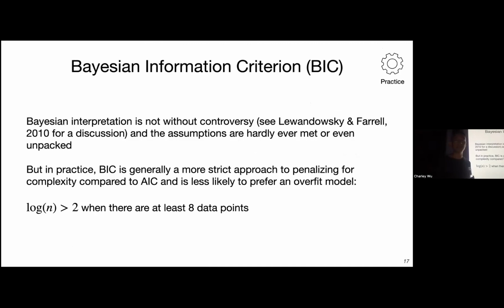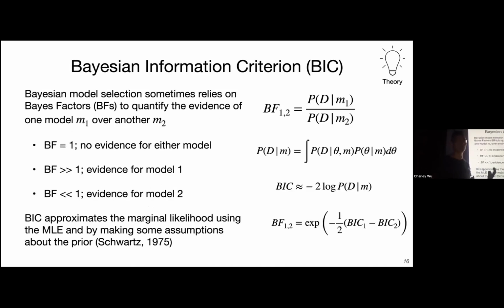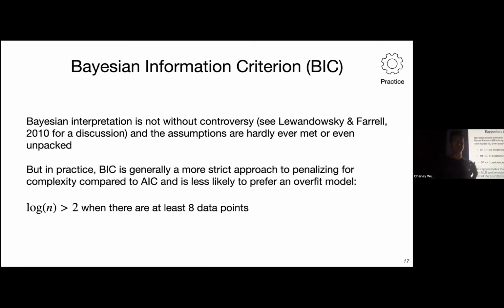And the Lewandowski and Farrell book has a nice discussion about this, because the assumptions are hardly ever met or even unpacked, right? So essentially, BIC is making some assumptions about the shape of the prior on parameters, and it's accomplishing this approximation of the marginal likelihood based on these assumptions. But this is often not really unpacked, and it can be controversial.